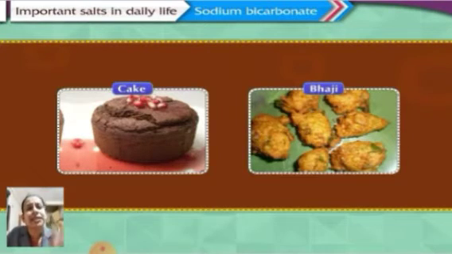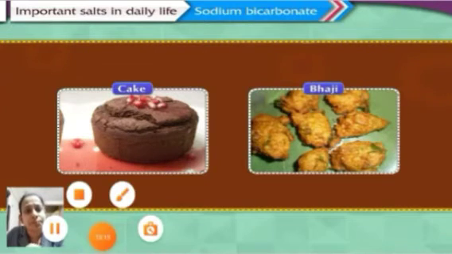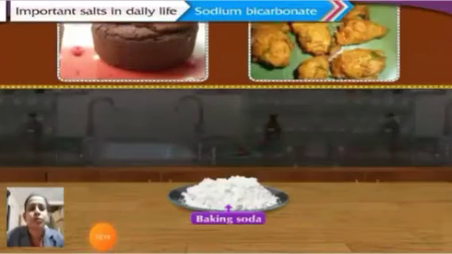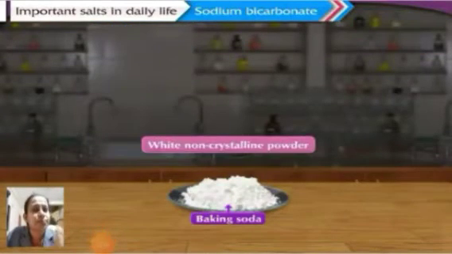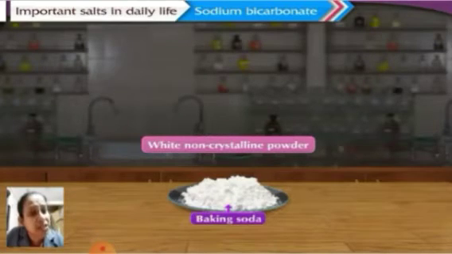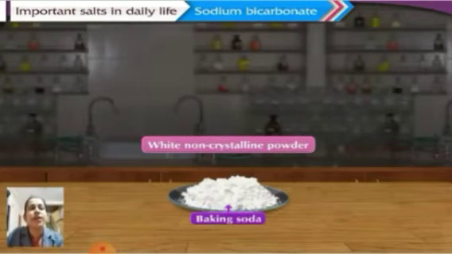It's because of the sodium bicarbonate that is added, okay, students. The cake becomes porous and the bhaji becomes crispy just because of the addition of baking soda.